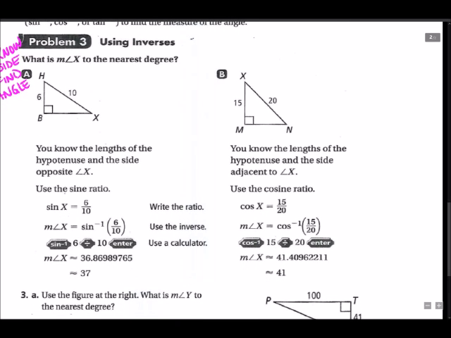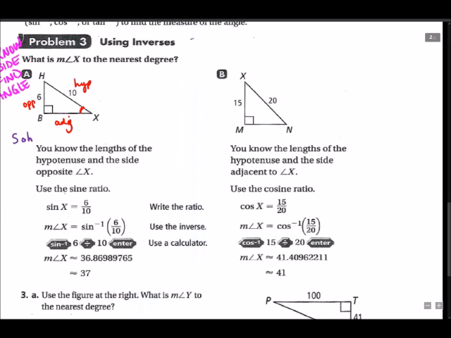Now, the first one here, we want to find the measure of angle x. So I mark my angle, label my sides. Which two do I have? We have opposite and hypotenuse.